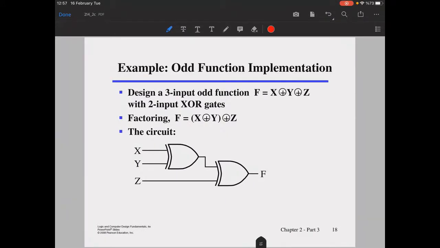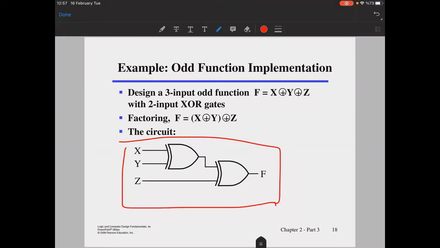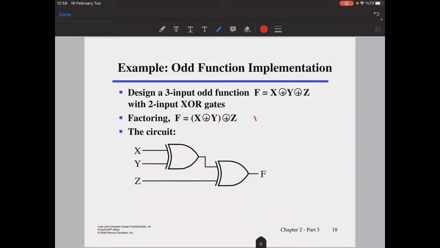Now let's look at an example here for an odd function. Design a 3-input odd function, namely this one, with 2-input XOR gates. And when we factor it, you can go this way or this way, it doesn't matter. And the circuit looks like this, as in the implementation. It's an odd function. And you have to keep in mind that in the truth table here, X, Y, Z, 0, 1, 0, 0, 0, 1, 1, 1, 0.